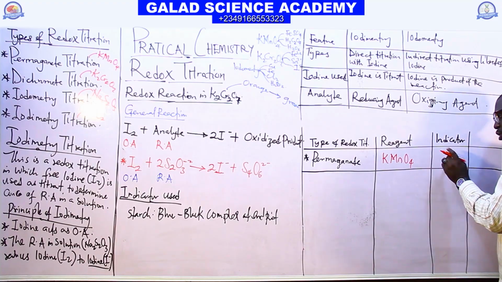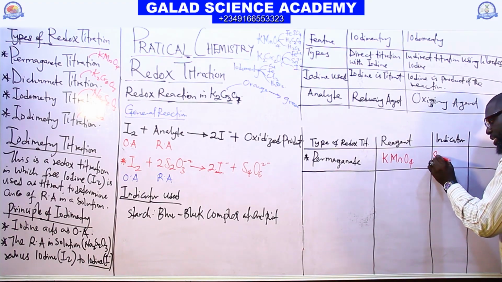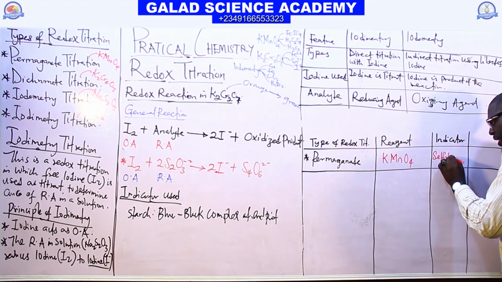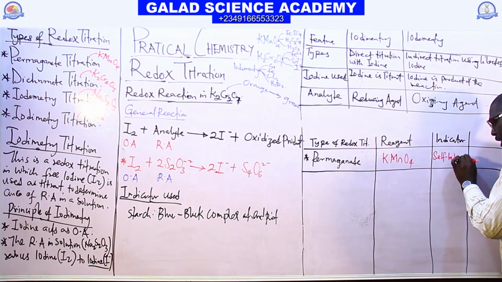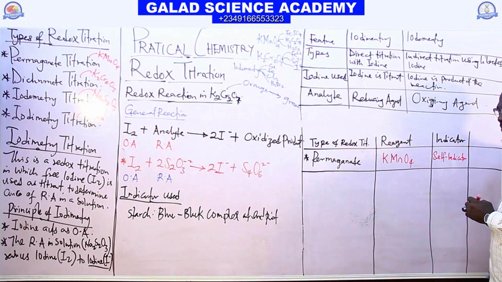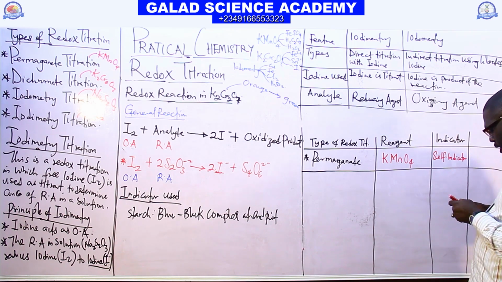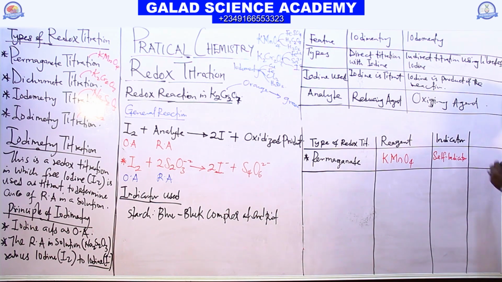What is the indicator used here? The indicator is self-indicator. What are the uses? We can use this one to determine, if you remember, the concentration of iron, oxalic acid, and hydrogen peroxide.